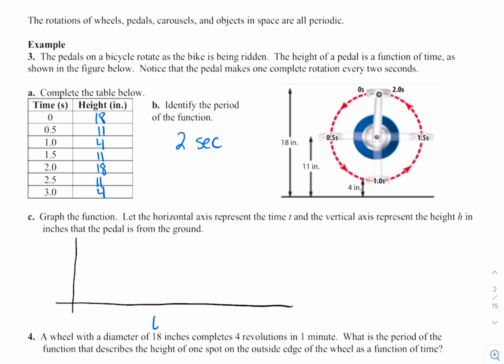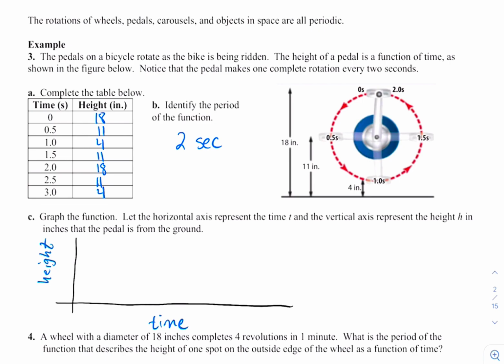Time should always be horizontal, and then our height is going to be vertical. Now when we're trying to pick our scale, it's not going to be the same, because my time is going between 0 and 3 seconds, and my height is much bigger. So I need to pick a scale that's going to fit each part.